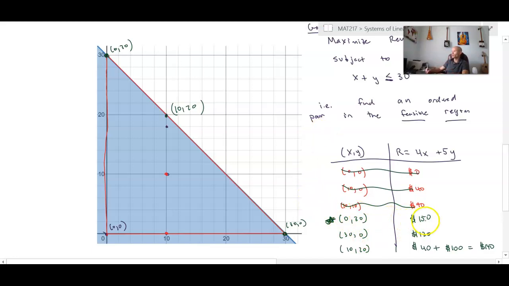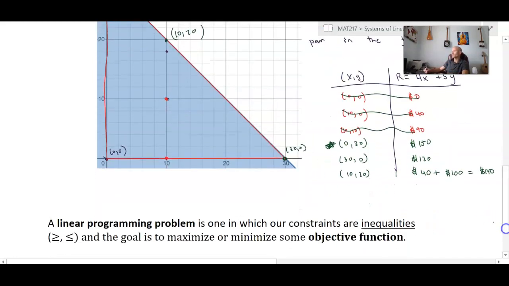So our optimal solution here is to produce 0 of A and 30 of B to maximize our revenue at $150.